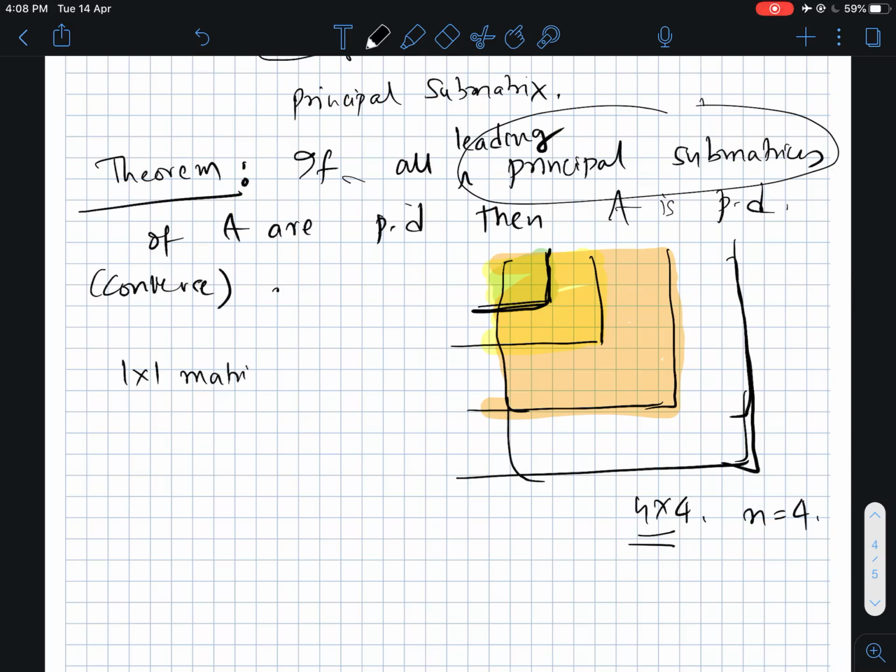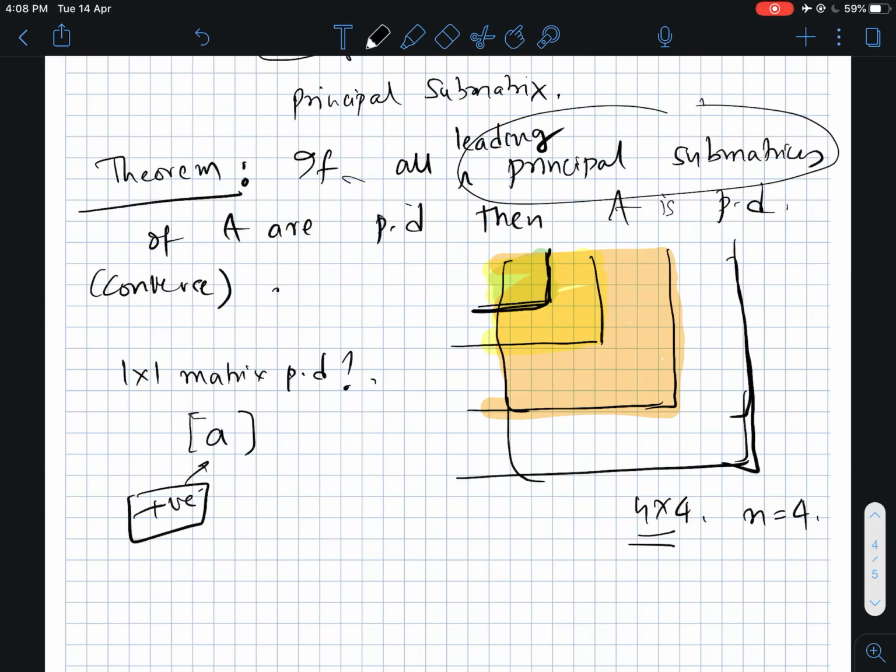By the way, what does it mean to say a 1 cross 1 matrix is positive definite? When is a 1 cross 1 matrix positive definite? Well, for a 1 cross 1 matrix to be positive definite, the matrix itself has to be filled up with a positive number. As I said, positive definite matrices are a lot like positive numbers.